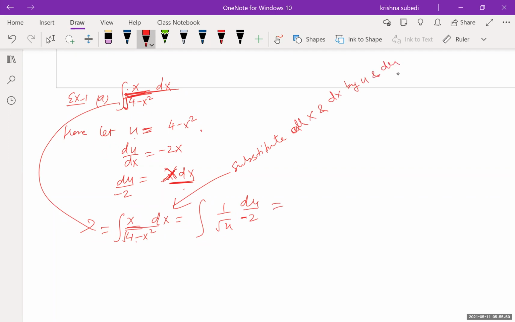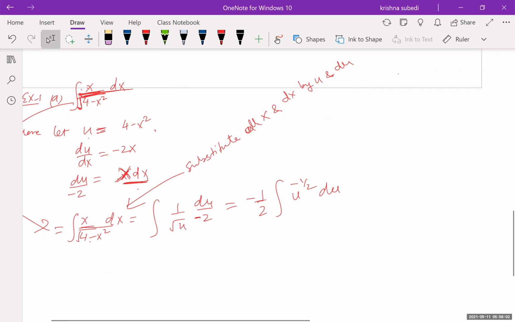Now this is negative 1 over 2. I want to take this outside to make life easy. And so we get u power negative half du, right? That's what we get. Now this one is a pretty simple integral, right?